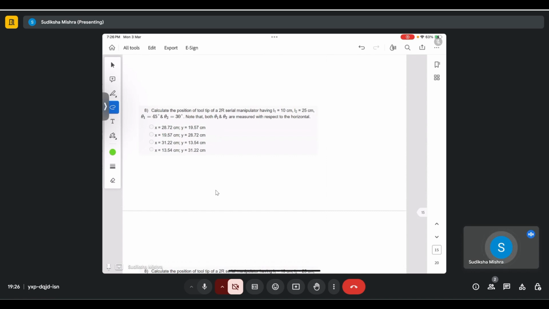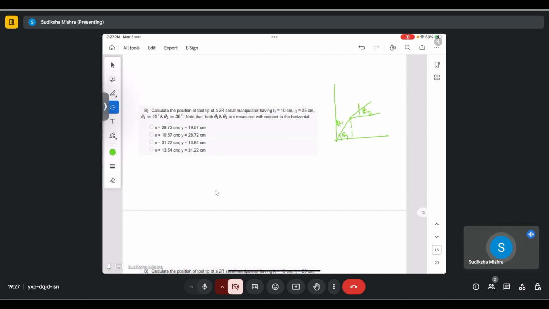Calculate the position of the tooltip of a 2R serial manipulator having theta 1, theta 2, L1, L2.